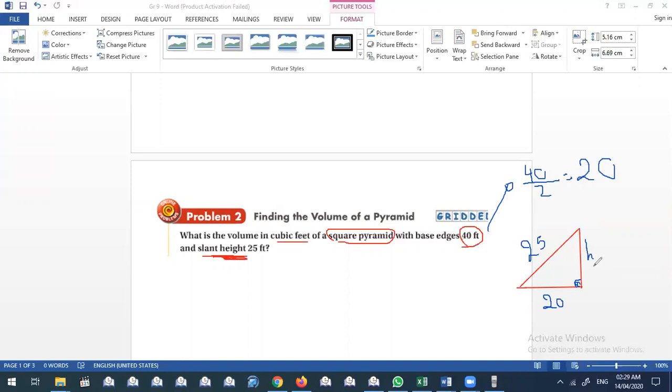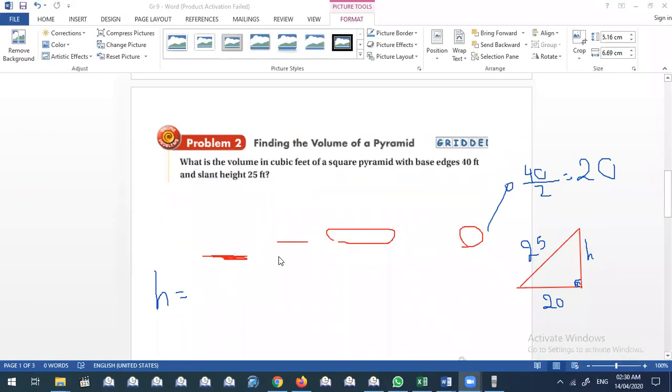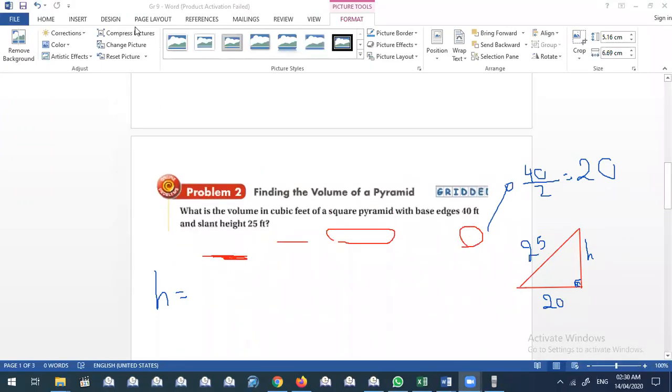This is the normal height. By using the Pythagorean theorem, how can we find the height? The height equals the square root of 25 to the power of 2 minus, not plus, because height is the smaller side, minus 20 to the power of 2.